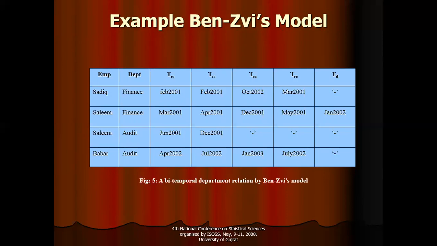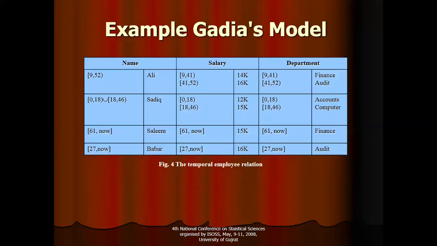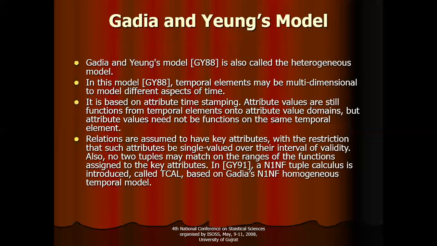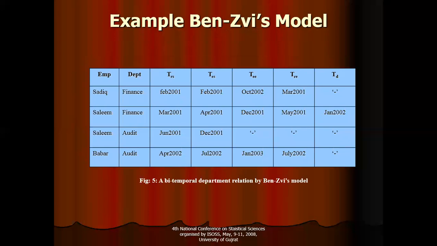Intervals are being managed in two different ways. In the previous model, Gadia's model, the interval is represented inherently in the model, for example 9 comma 41. But in this model, although he used the interval based approach, he used separate attributes, not the interval as it is.